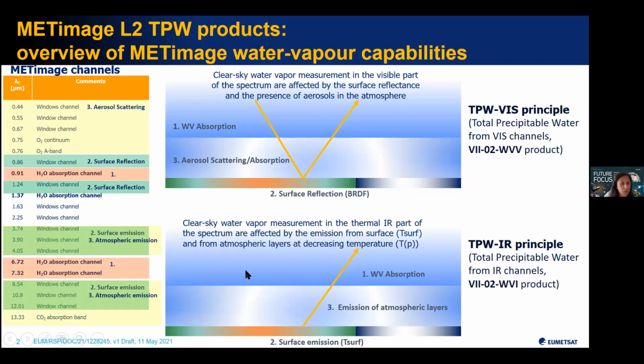So we need to take into account here also the surface temperature and the temperature profile in the atmosphere. The algorithm based on these two infrared bands is called TPW-IR, total precipitable water from the infrared observation, and the product is called VII-O2 water vapor infrared product.